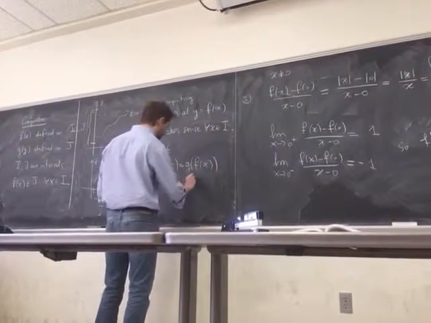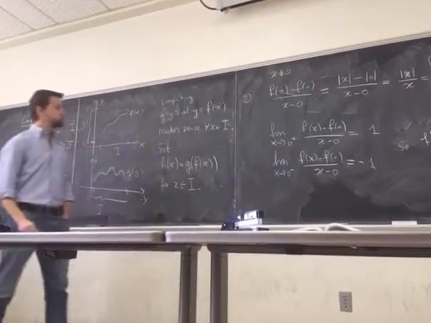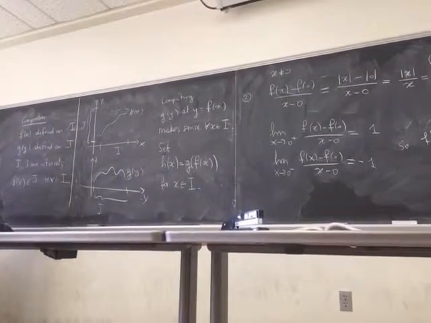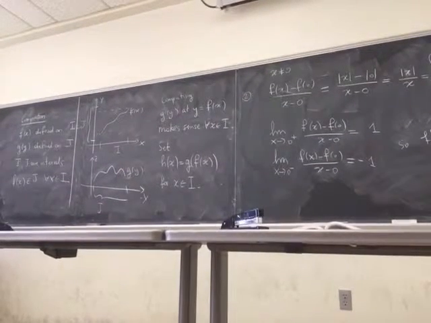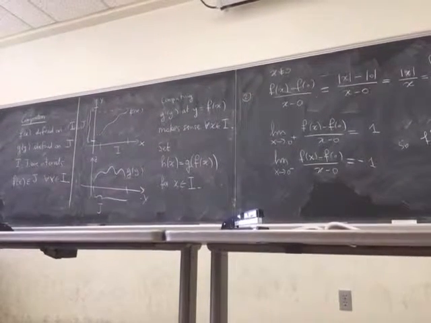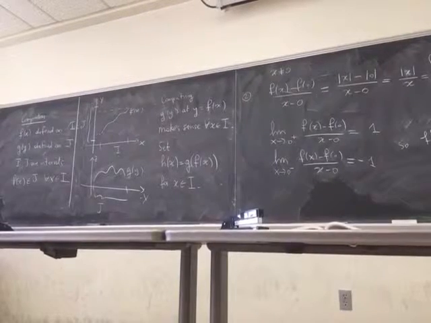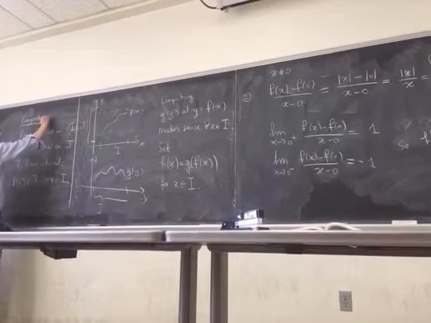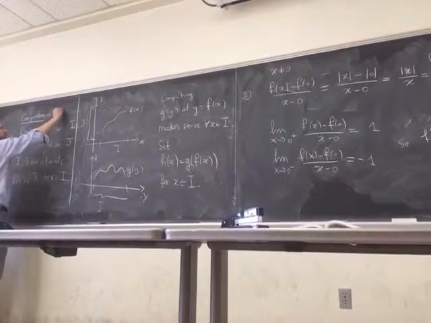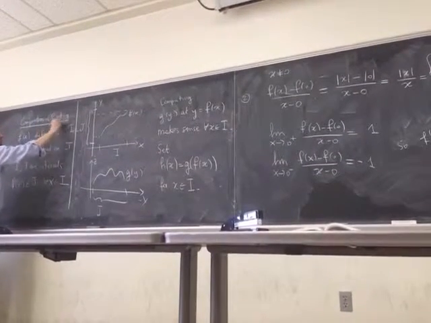x belonging to I. So this new function h is a function defined on an interval, and it's called the composition of f into g over the interval I, right? So that's the composition of f into g. Okay?